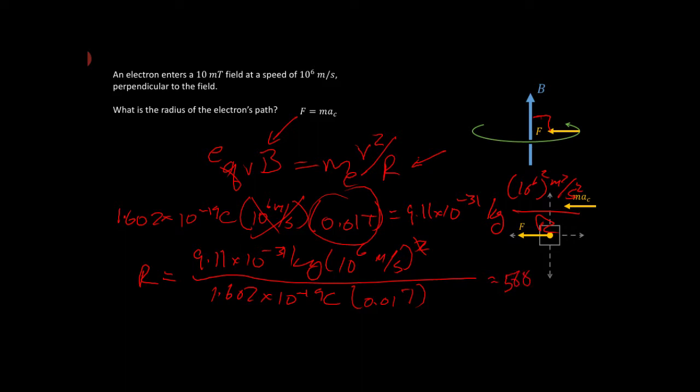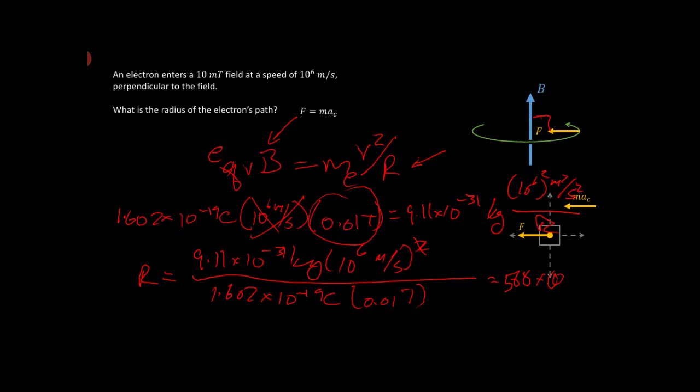568 times 10 to the minus 31 plus 6 plus 19. So 19 plus 6 is 25.